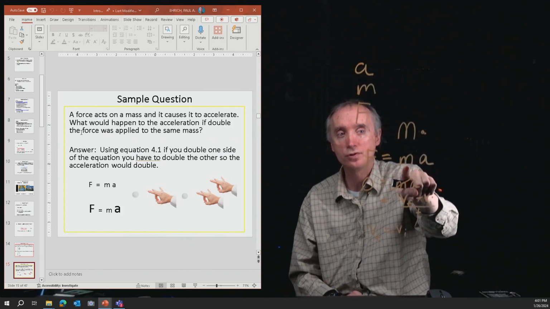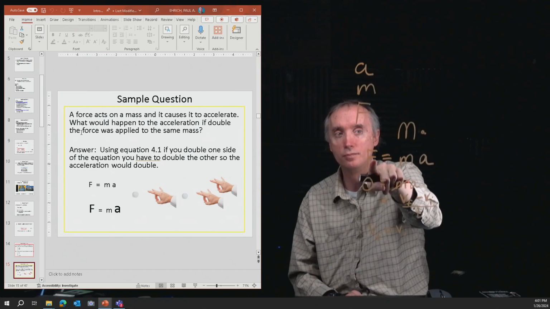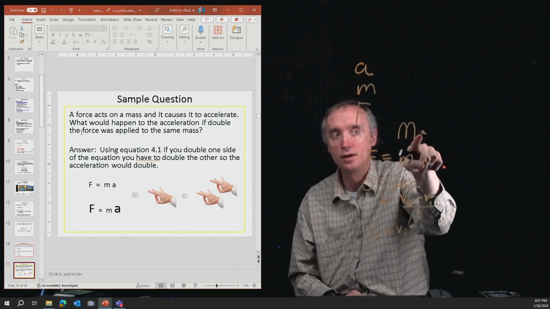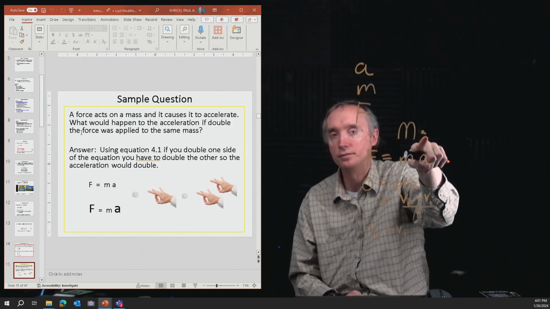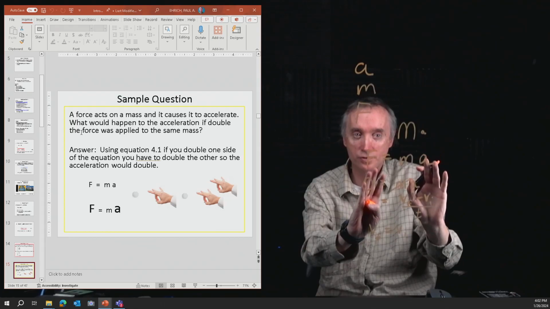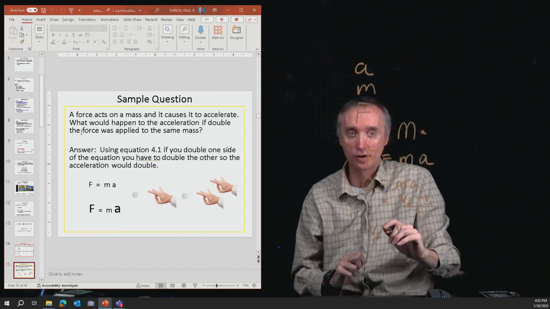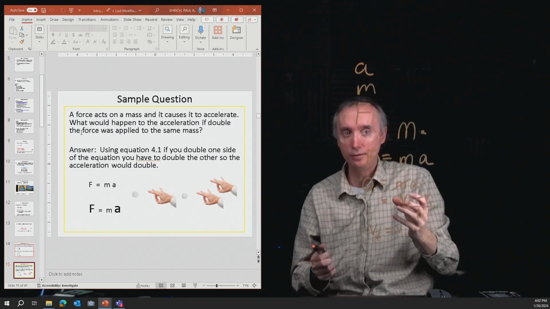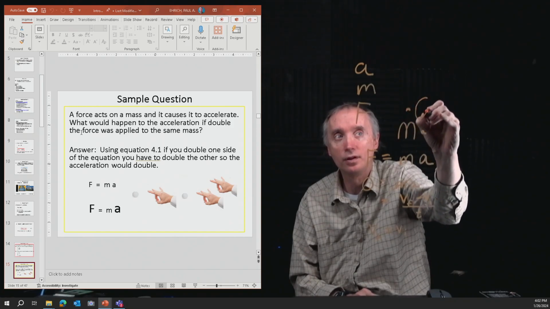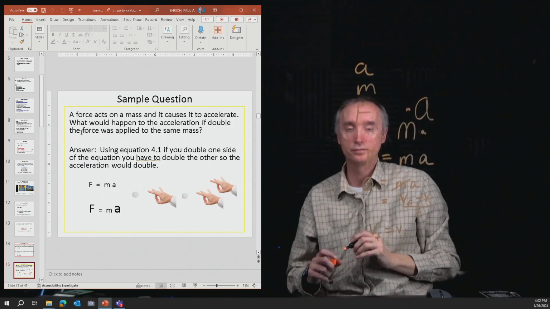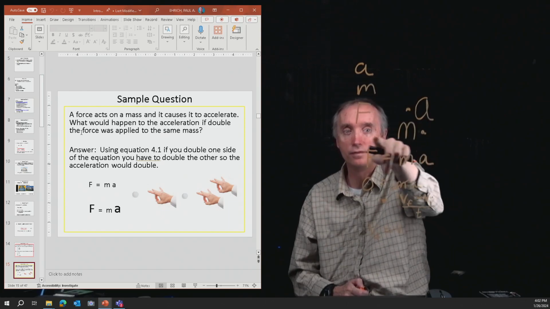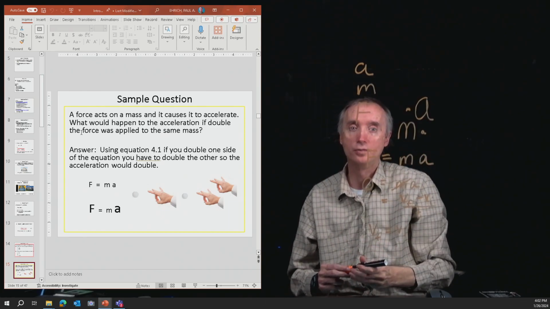So think about 2 times 2 equals 4, but 4 times 1 equals 4. So if this one gets bigger, this one gets smaller in order to compensate. So if you've got a very large object and you apply a force to it, it's not going to want to move very much. On the other hand, if it's like a ping pong ball and the m is very, very small, then it's going to have a large acceleration that goes with it. So this idea of inertia is again inside of this formula, the second law of motion.